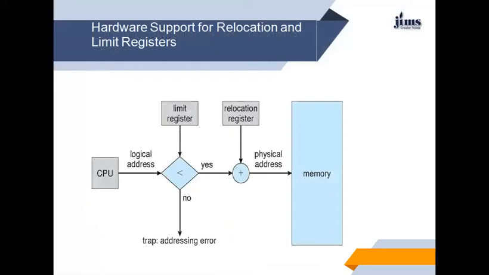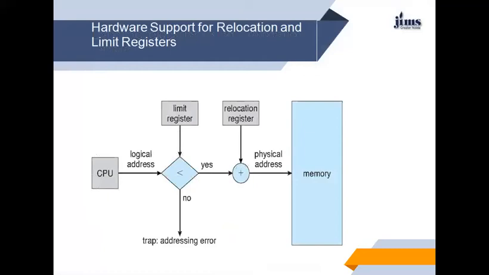Let's say the value of the limit register is 340, not 350. The logical address generated by the CPU is 346. Is 346 less than 340? No. So a trap is generated.